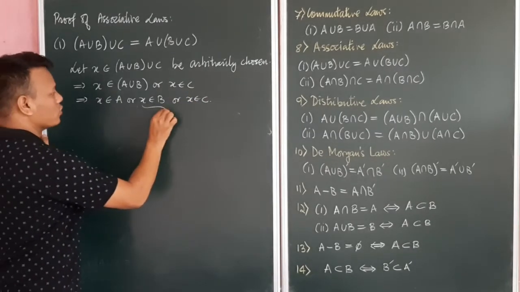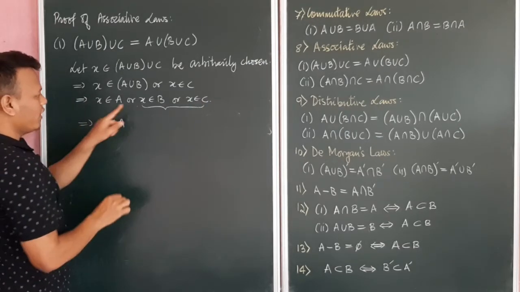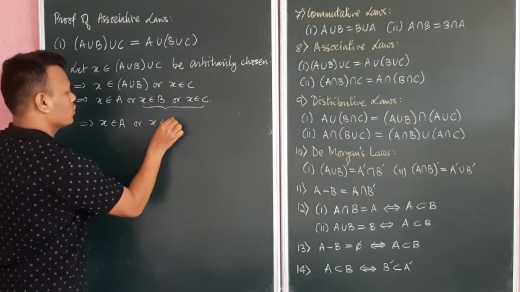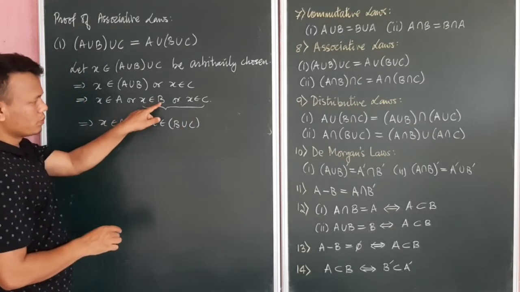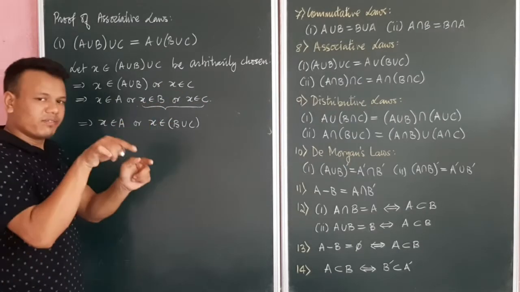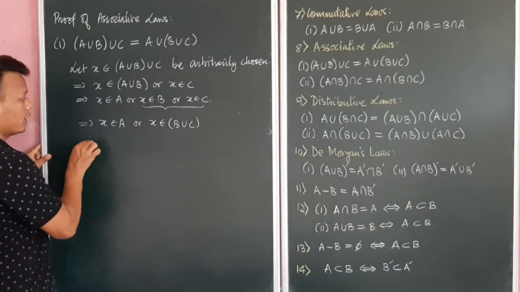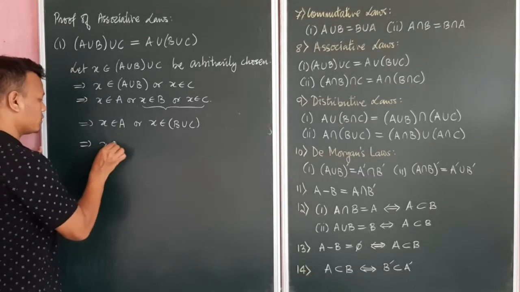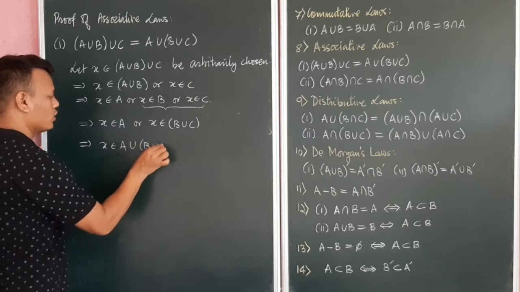Now if I combine these two, this means if x belongs to B or x belongs to C, this means x belongs to B union C as well, isn't it? If x belongs to B or if x belongs to C, then this x will definitely belong to B union C, their union, isn't it? So now this or also represents again union, isn't it? So we have x belongs to A, or means union, we have B union C.